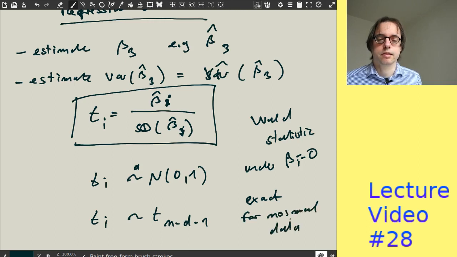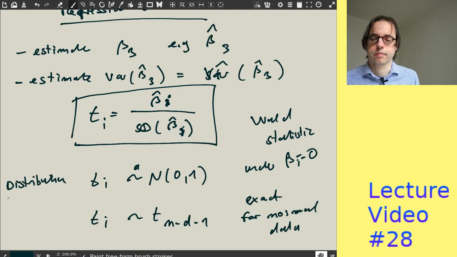So if everything is normal, then you can show that while it's asymptotically N(0,1), for finite n it's t distributed with n minus d minus 1 degrees of freedom. So this is the distribution of the regression t-score.